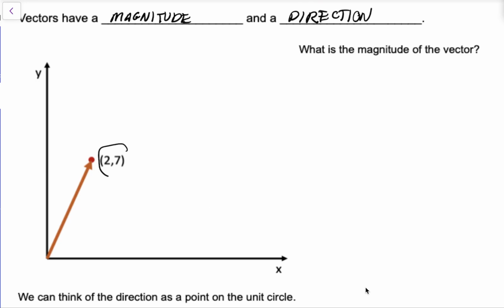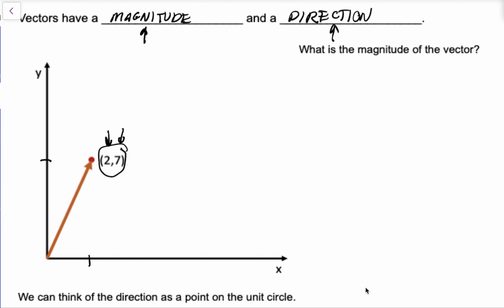So we have here the indication of a two-dimensional vector that goes over 2 and up 7, whatever the arbitrary units are of this one. So we've got either these two parameters or these two parameters that will give us the vector that we're talking about.